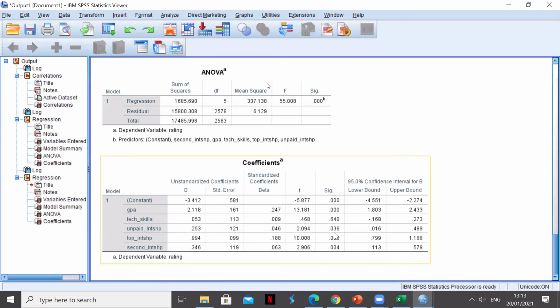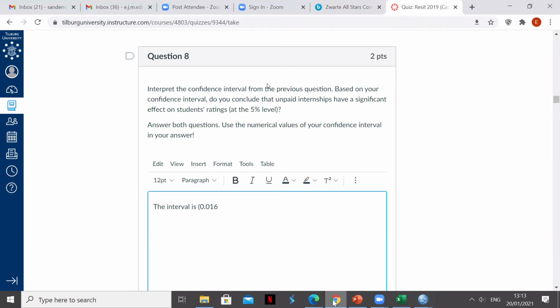Our upper bound is 0.489. That is already part of the question. Like I said, there are two interpretations. So first you give the interval, and then secondly, you have to interpret the confidence interval, and you have to say if it's above 0, below 0, etc.